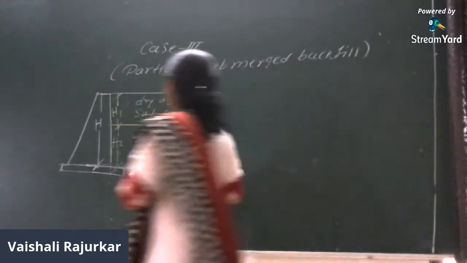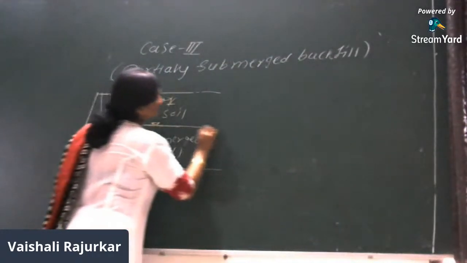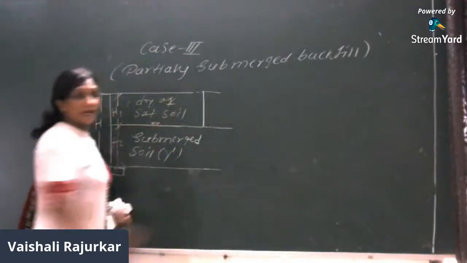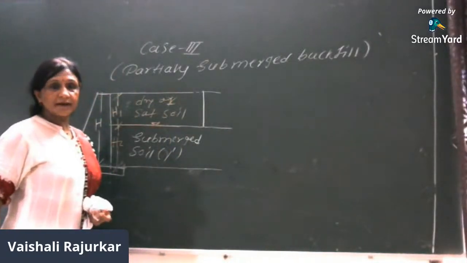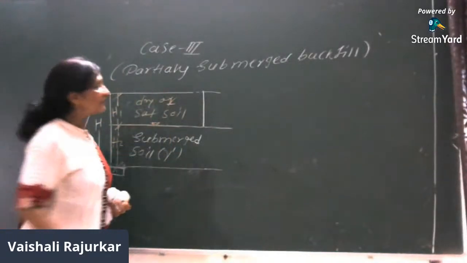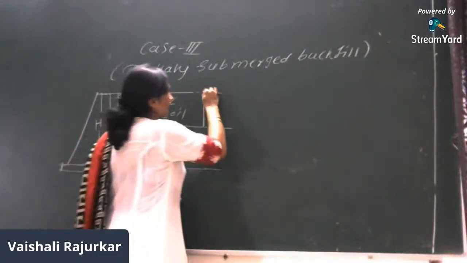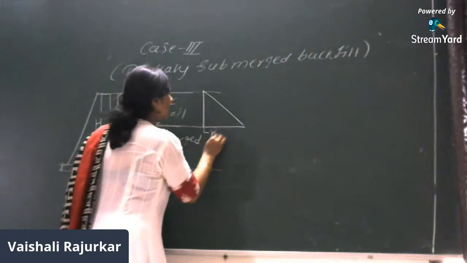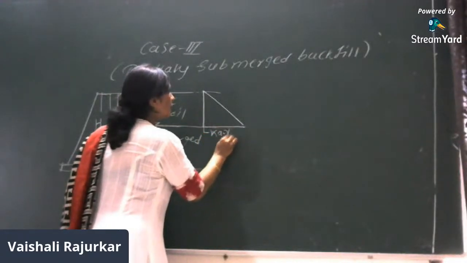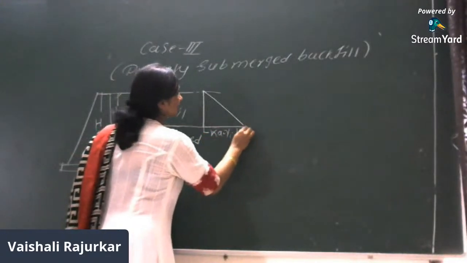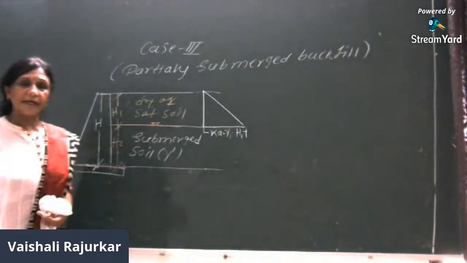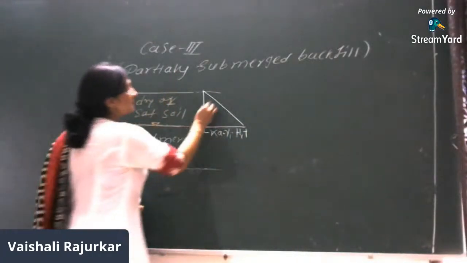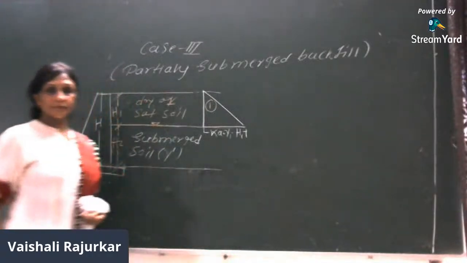So in this case, the first pressure, in the first layer, that is the dry cohesionless backfill, is similar to case 1. And therefore, the intensity becomes Ka into gamma 1 into H1. So this is the simple case of case 1.